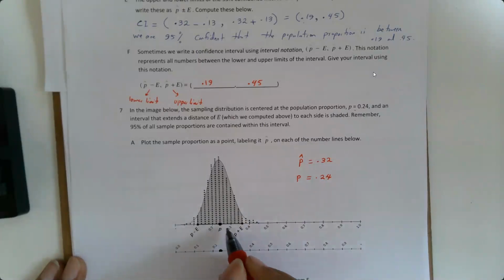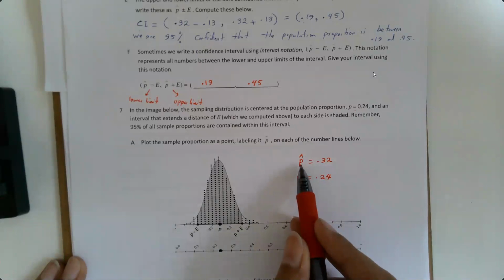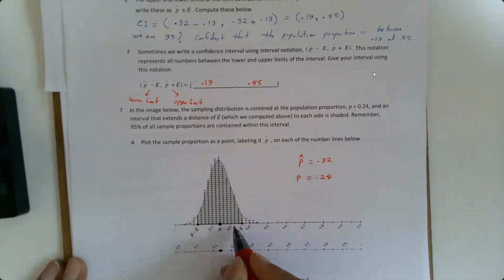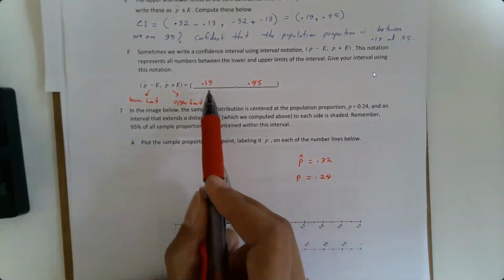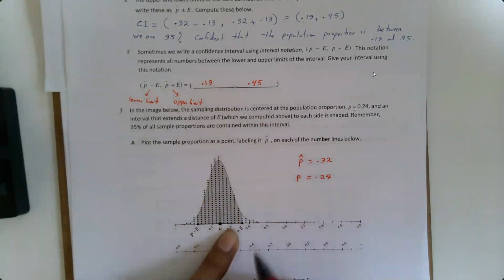The sample proportion is here, 32%. And then the confidence interval that we have is going to be 19% to 45%.